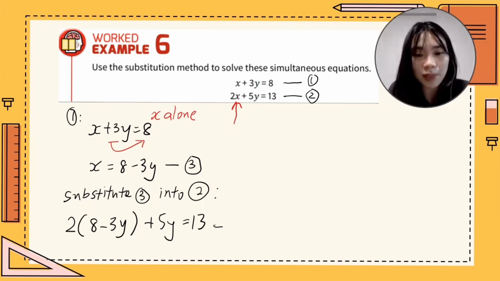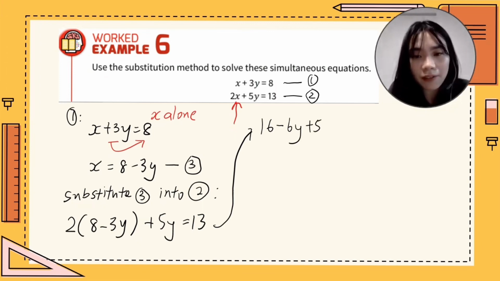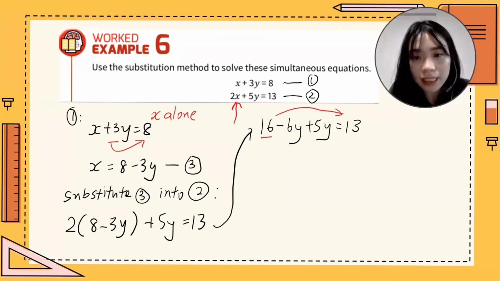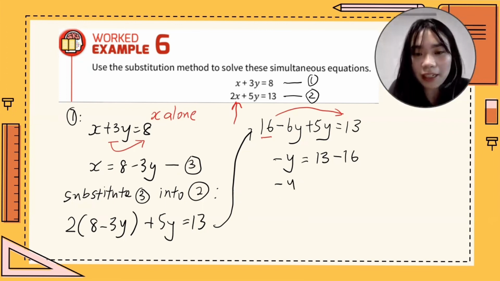This has been the second equation. So I get 16 minus 6y plus 5y equals 13. If I shift my 16 over so that I can find y alone, I get negative y equals 13 minus 16, which gives me negative y equals negative 3, and so y equals 3.